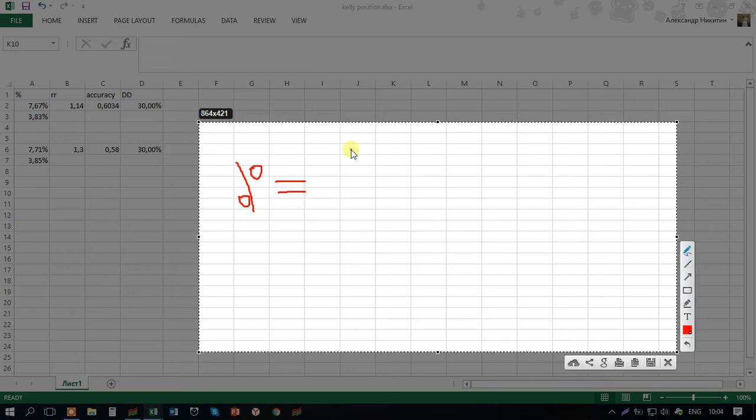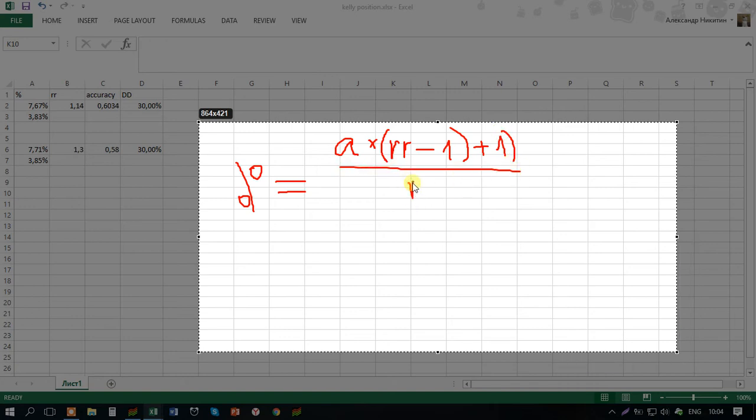It equals your accuracy multiplied by your risk to reward plus 1, minus 1, and it should be divided by your risk to reward.